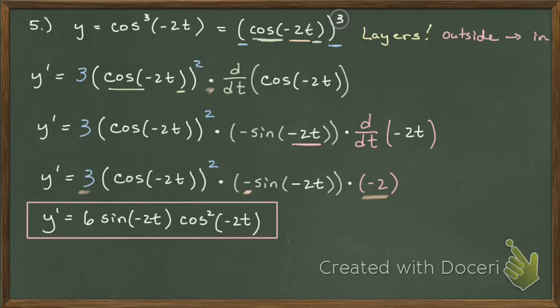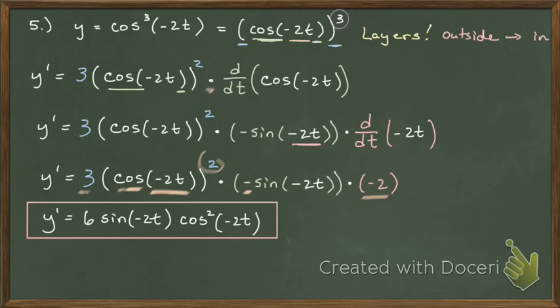I've got 2 negatives, make a positive, and 2 times 3 is a 6, and I'm done. Okay? And again, that square, the exponent, this square, doesn't mean that I'm squaring cosine and negative 2t, right? I'm squaring the cosine function that's taking cosine of minus 2t. Okay, I hope that makes some sense.